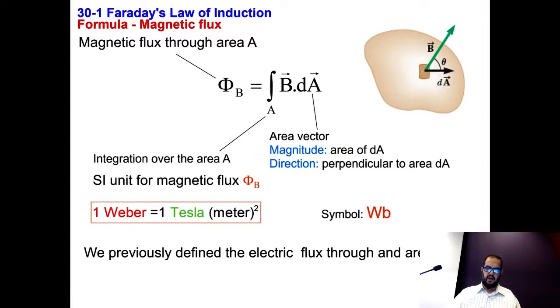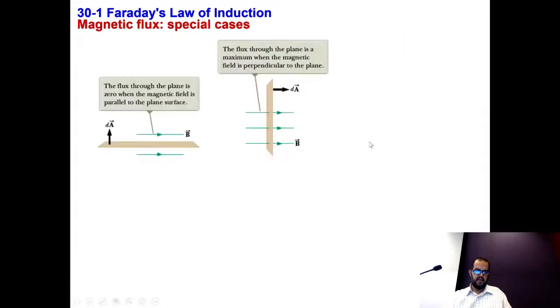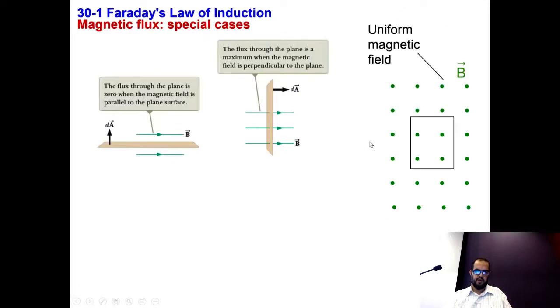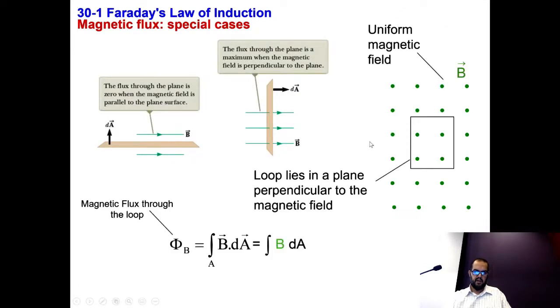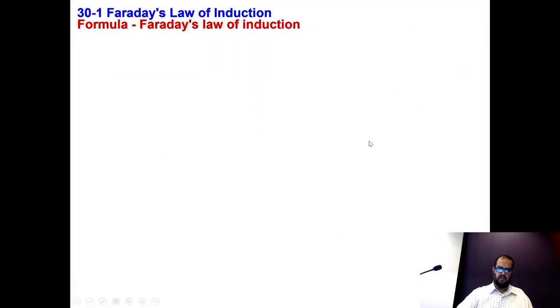And if you have a simple area dA and B, and you have the angle, you can write that the flux is equal to BA cosine theta, where theta is the angle between them. We have seen this in the previous chapter, and we have seen the special case of perpendicular. So this is repeated from the previous presentation, so we don't need to repeat it.